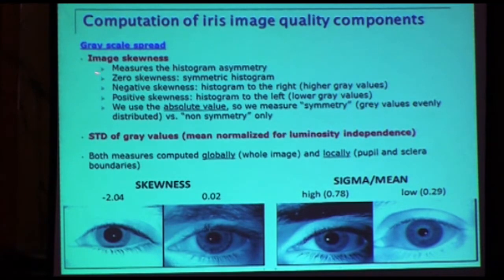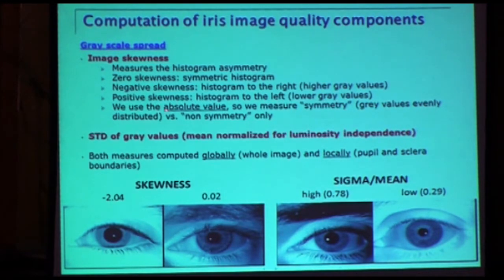This measures the histogram asymmetry, so a value of 0 means that the histogram is symmetric. If it's negative, the histogram is moved to the right, so the image has higher gray values. It can be seen here. If the value is positive, the histogram is moved to the left, so the image has lower gray values.